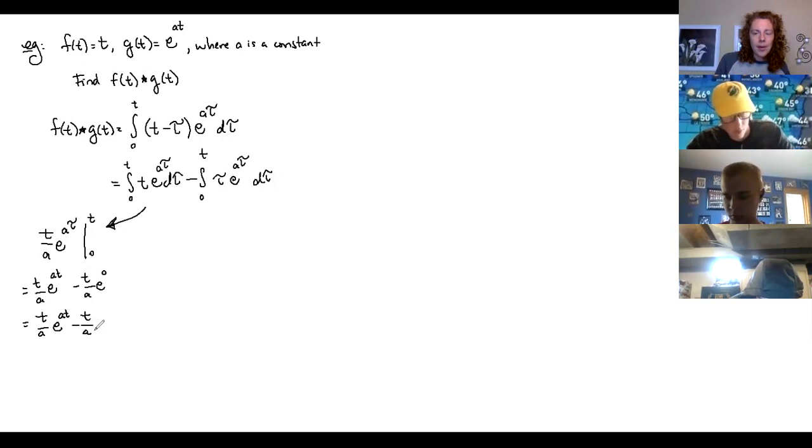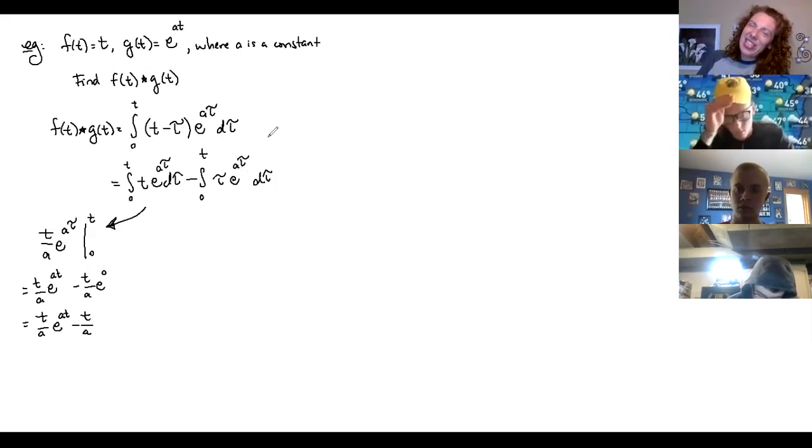All right. Second one is messier, sorry. Second one, you have tau times e to the a tau, and that's going to need integration by parts. Yup, I can only see 3 of you, but the 3 of you I can see, you're making faces.